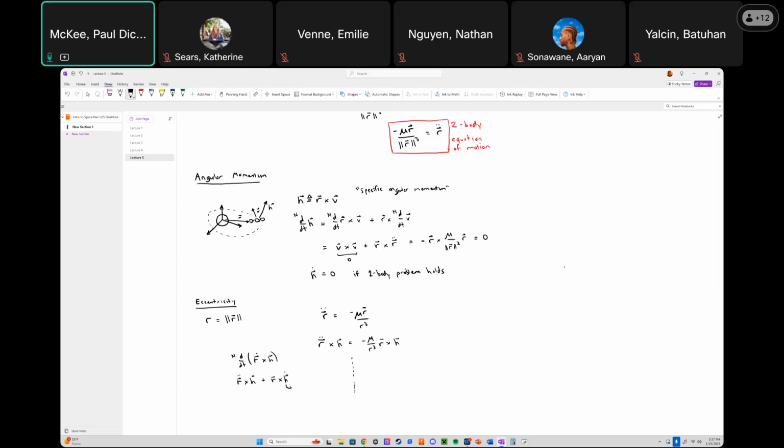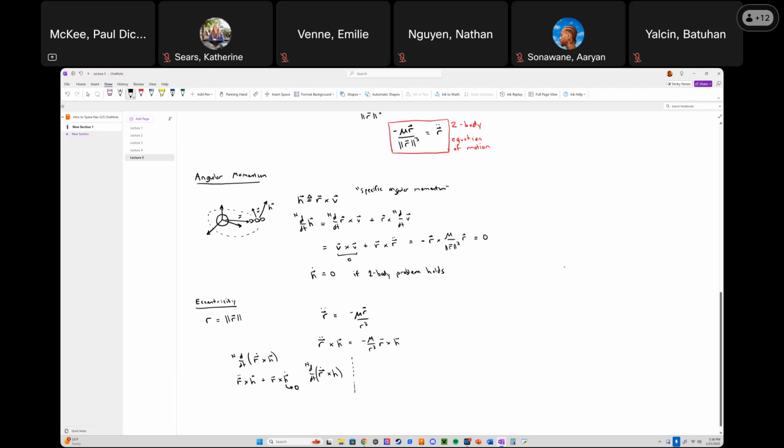But we just said that h dot is 0. Right? So really, the derivative of r dot crossed h is equal to r double dot crossed with h. So we're going to make a substitution. This left-hand side is now r dot crossed with h, whole thing, derivative.